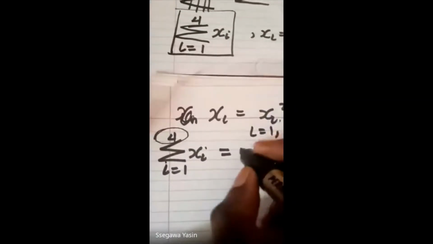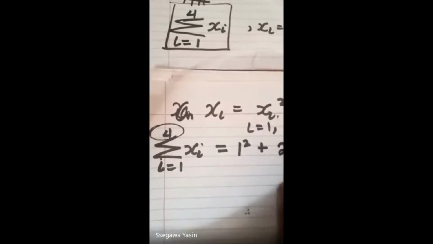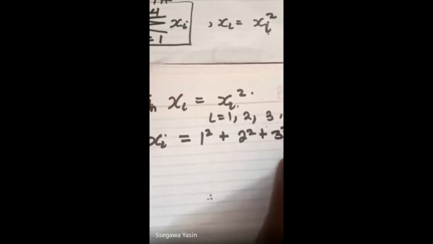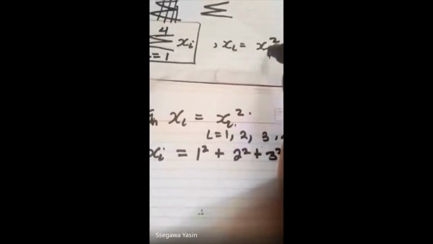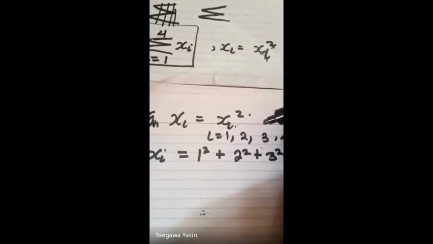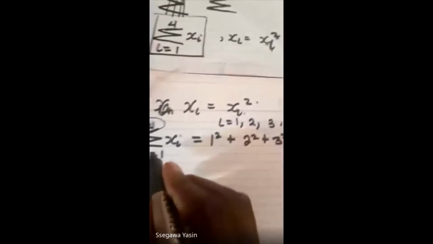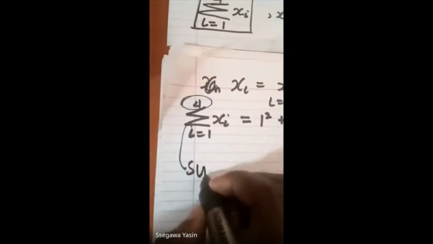And what does it mean? It means that I'm going to substitute: 1 squared plus 2 squared plus 3 squared plus 4 squared. Why am I doing so? Because the formula is telling me go on squaring the x components. That is what it is telling me. And because of this sign, this one here means add for me.